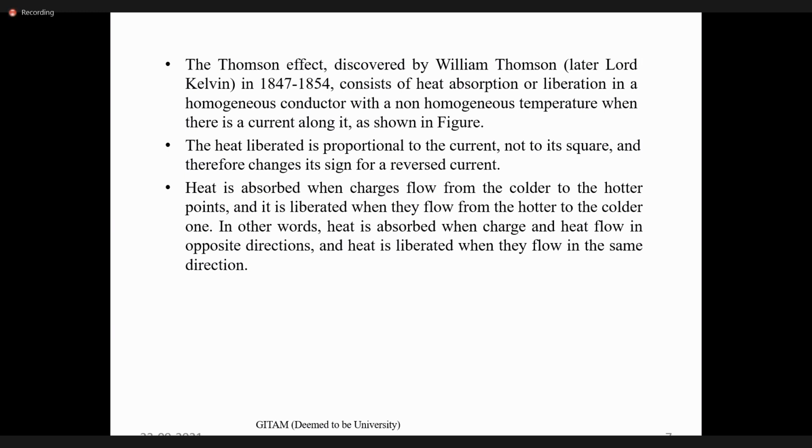Homogeneous means a single type of metal, with a non-homogeneous temperature, when there is a current along it, as shown in the figure. In the coming slide, we have the figure. Homogeneous means one type, same, similar. Non-homogeneous means different types of temperature. So here we are using non-homogeneous temperatures and a homogeneous conductor.